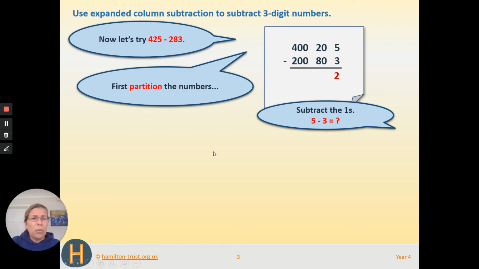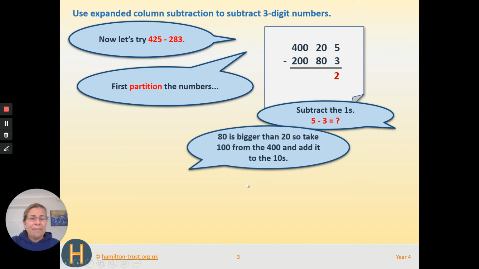So what I've got to do is go to the 400 column and take away 100 and give it to the other column. 80 is bigger than 20, so take 100 from the 400 and add it to the tens. Remember, cross it out.